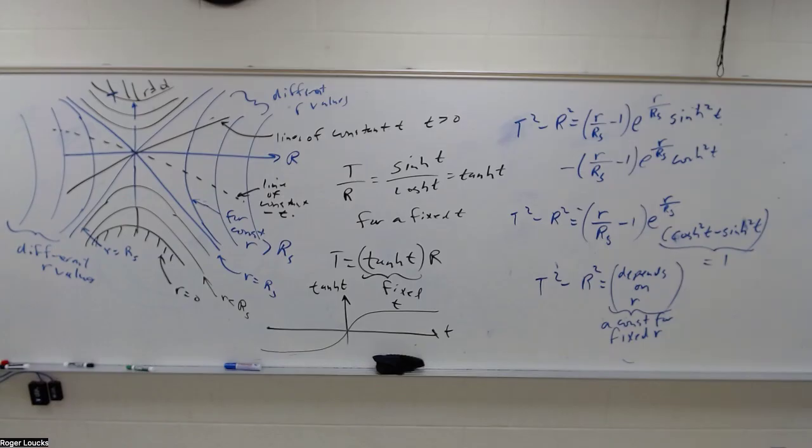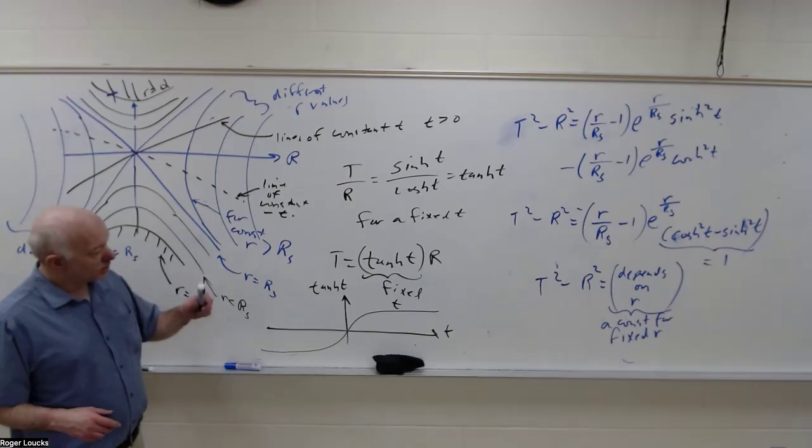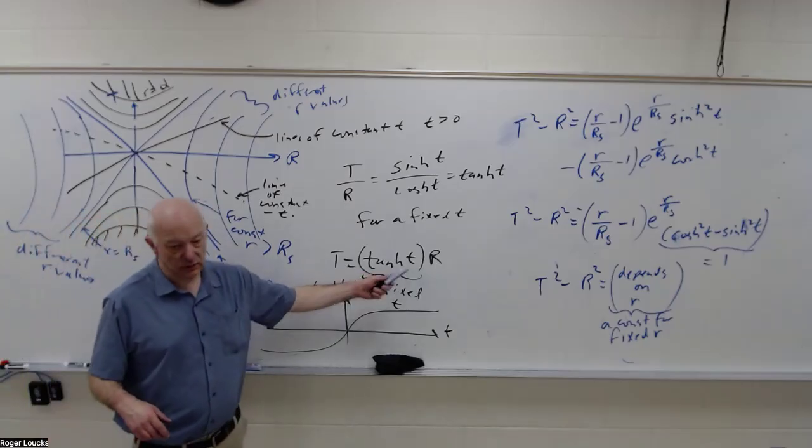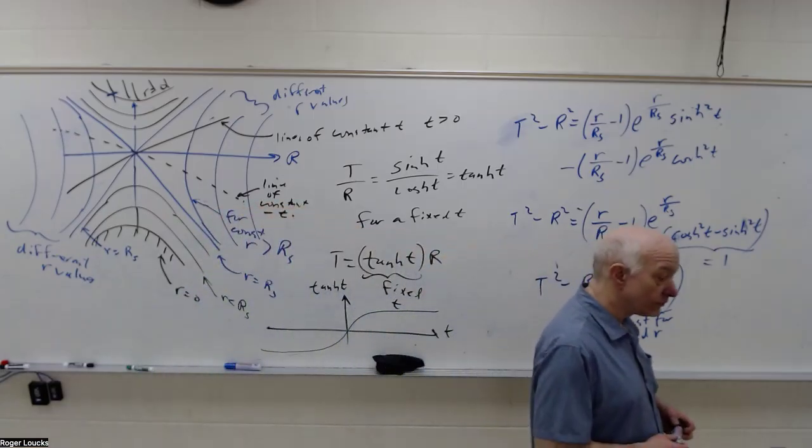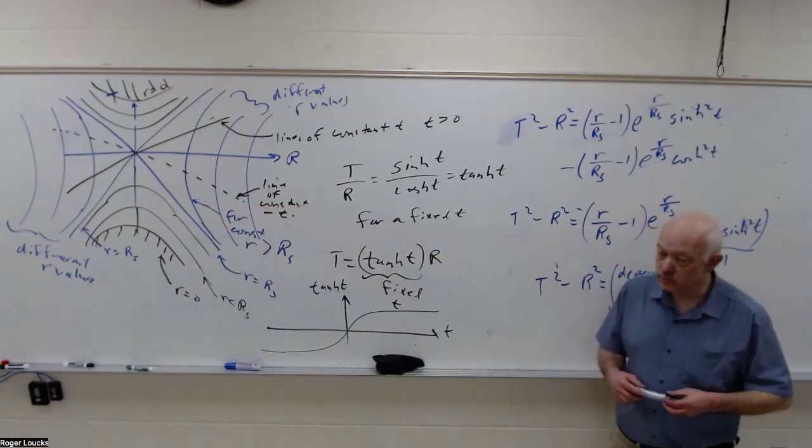Where would plus infinity and minus infinity be? Not R, T. Yeah, little t. If little t is minus infinity or positive infinity, where are they in the sign there?